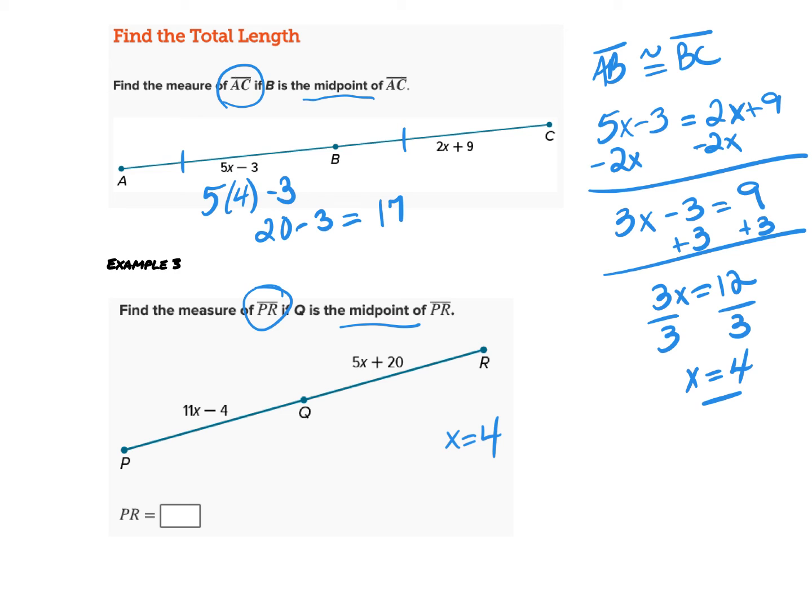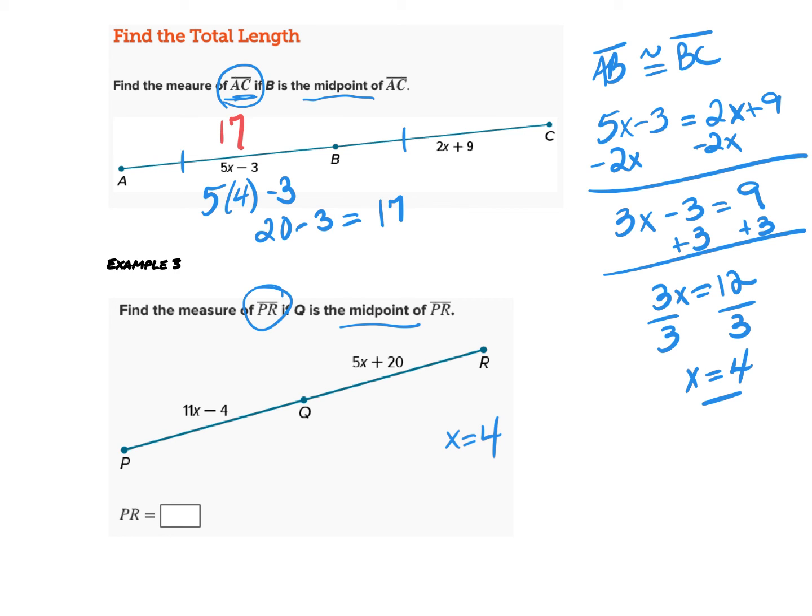This is what happens when we rush. So let me go back to example number 2 here, AC. When I plugged 4 in for x, I found the length of AB.